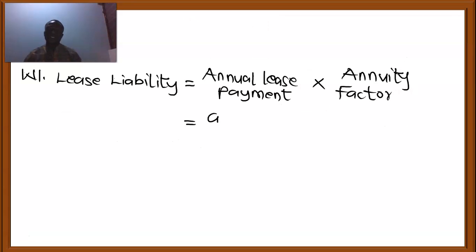So we have 500,000 Ghana cedis, and we are going to multiply it by the annuity factor. But there's a formula for calculating the annuity factor, as you may have known in the earlier videos I did. The formula for finding the annuity factor is given below.